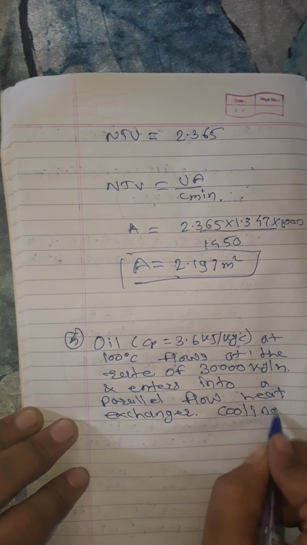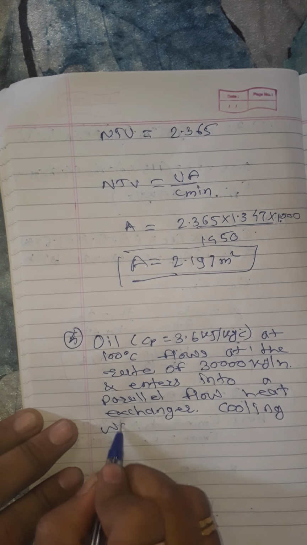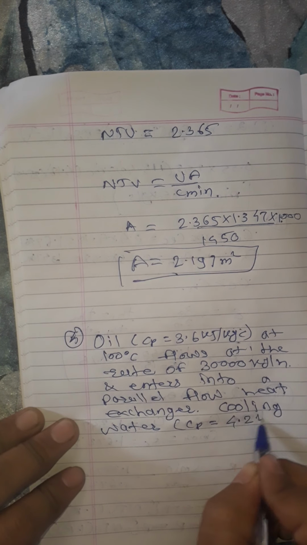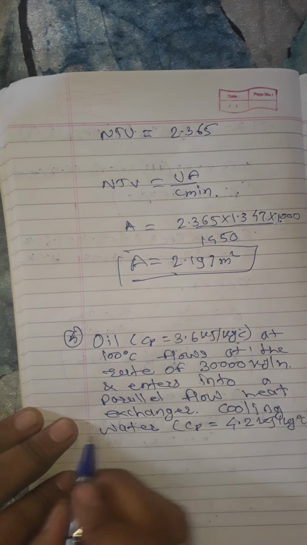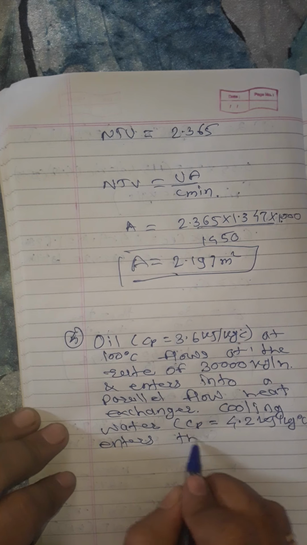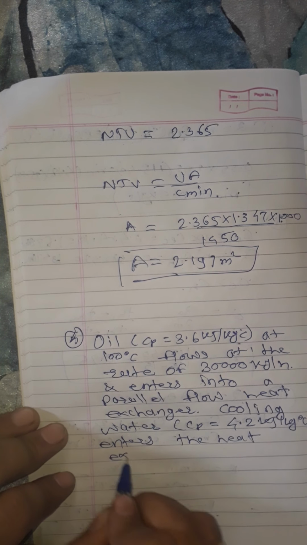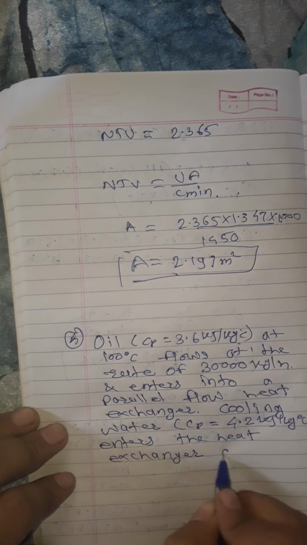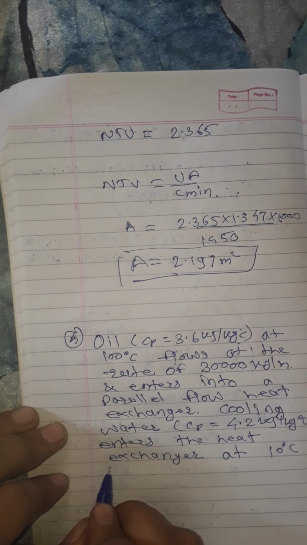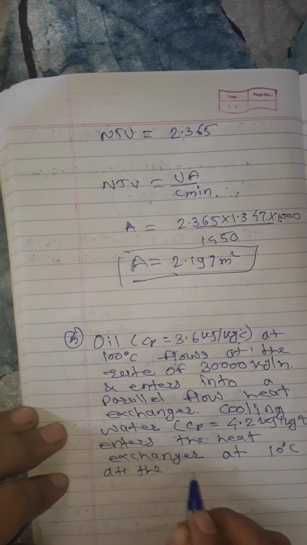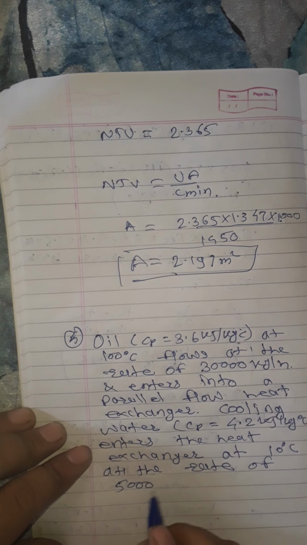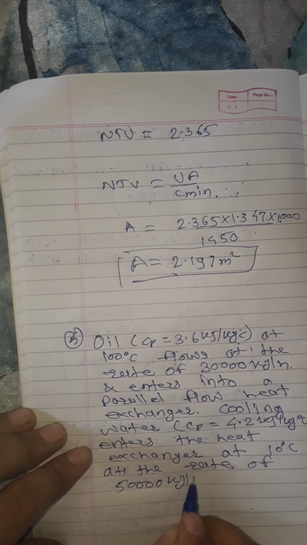Cooling water, Cp specific heat is equal to 4.2 kilojoule per kg degree Celsius, enters the heat exchanger at 10 degree Celsius at the rate of 50,000 kg per hour.